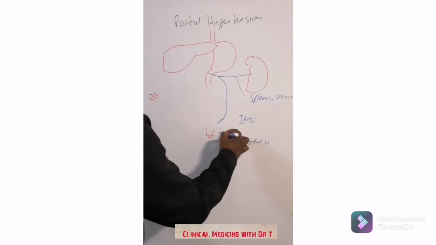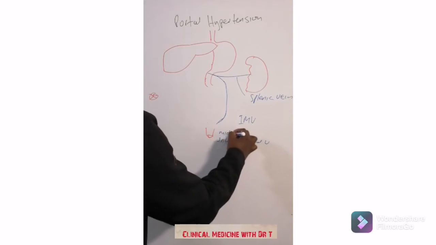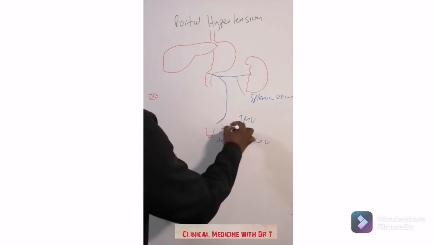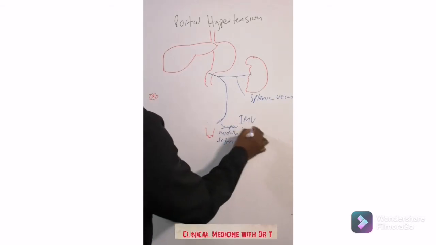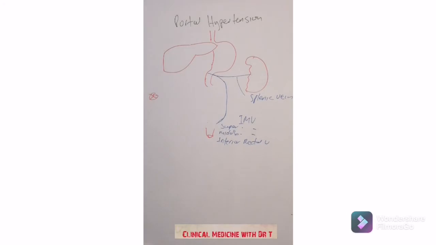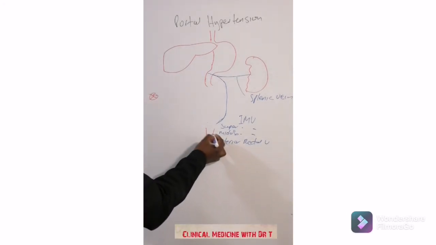The other one is the middle rectal vein. The other one is the superior rectal vein. So inferior will be somewhere here, middle will be here, and then superior will be somewhere here.